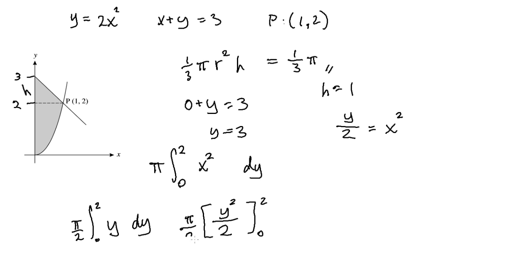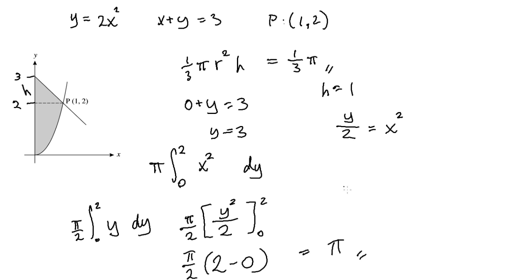Don't forget the pi over 2. That gives us 2 squared divided by 2, which is 2, subtract 0 divided by 2, which is 0, multiplied by pi over 2, which gives us a single pi.